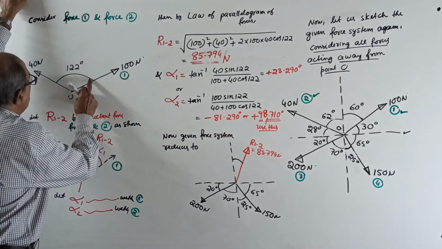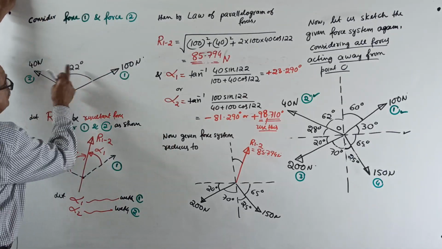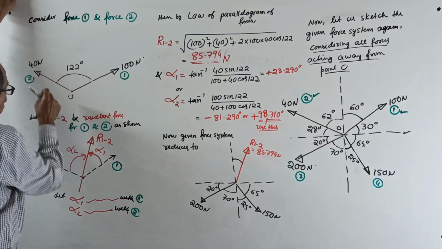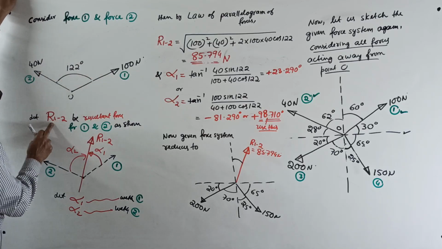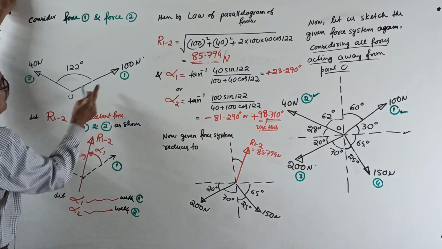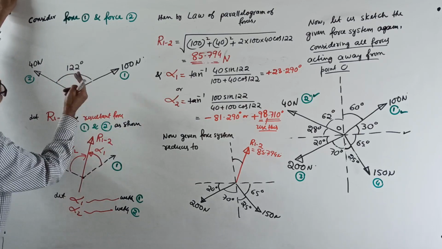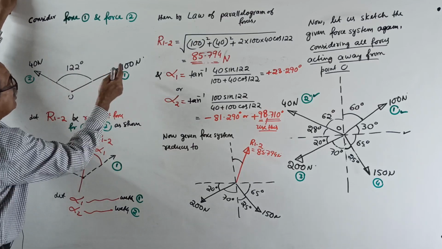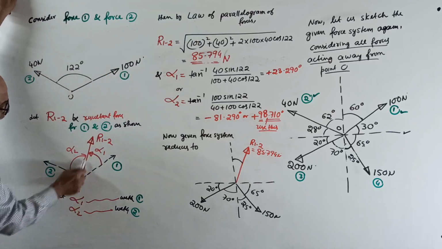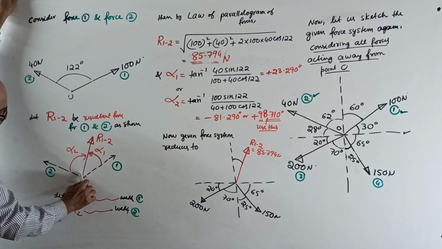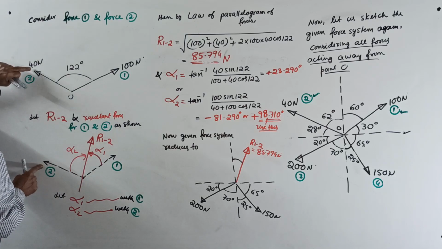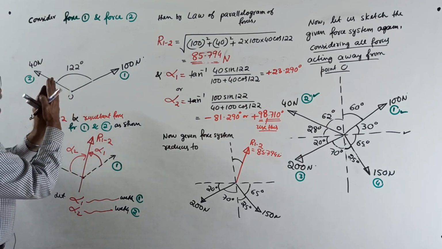Okay. 122 degrees. Now, for these two forces, force 1 and force 2, let R12 be the resultant force for 1 and 2, as shown. I know that it will slightly come this way because of the higher force. You can mark randomly here, no problem. But this is 40 and that is 100, so it will be nearer to that force.